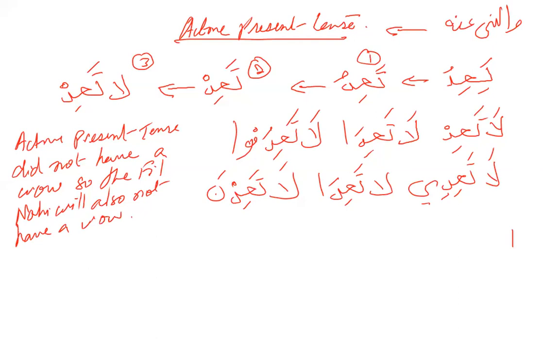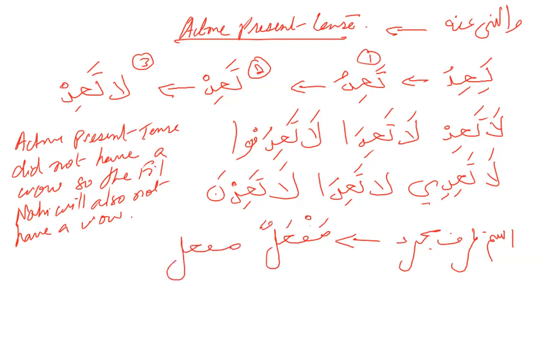And ism zarf in the Mujarrad families has three patterns. What are those three patterns? Maf'alun, maf'ilun, maf'alatun.